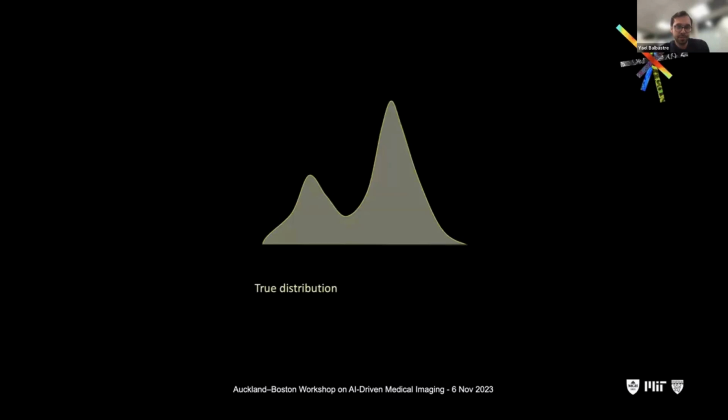And so to summarize, the point of using this synthetic data is that this is the true distribution of images that we want to process at test time. And it's got some shape. Often when we train on real data, we only have access to a subpart of this space.